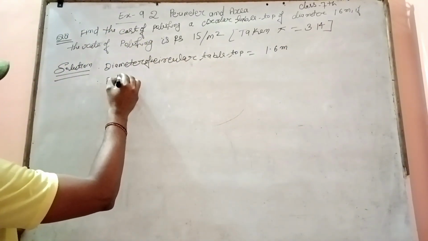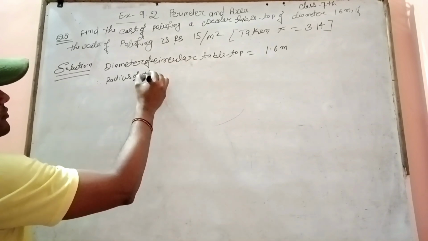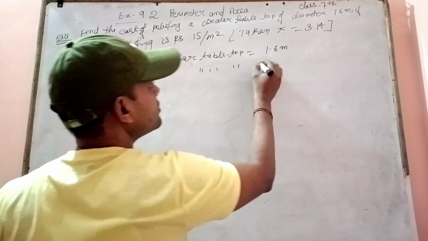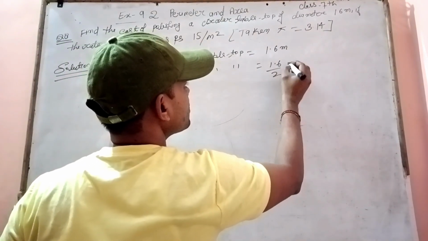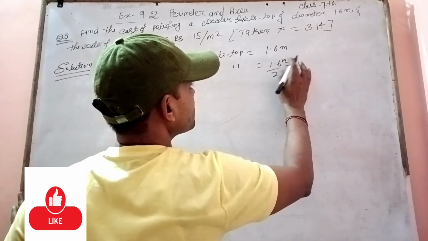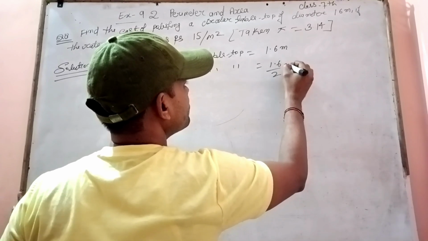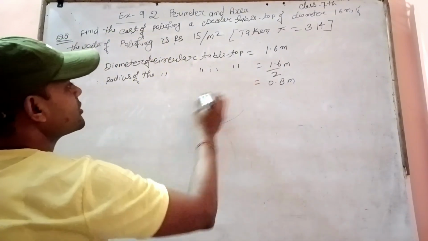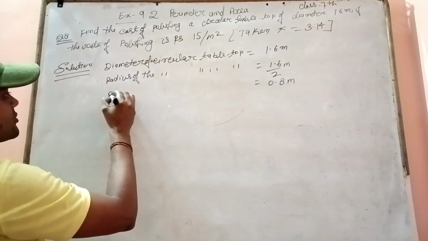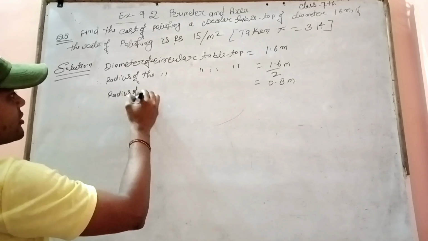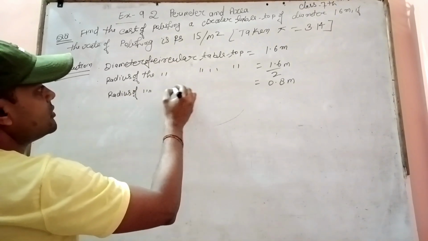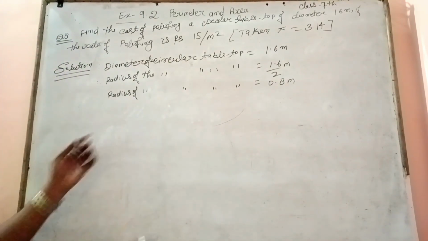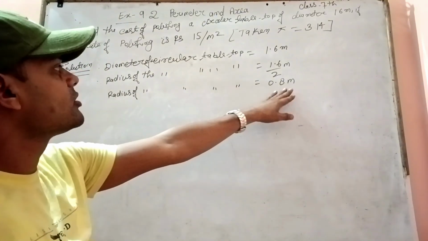Therefore radius of the circular table top is equal to 1.6 by 2 meter, which is equal to 0.8 meter. Radius of the circular table top is equal to 0.8 meter.